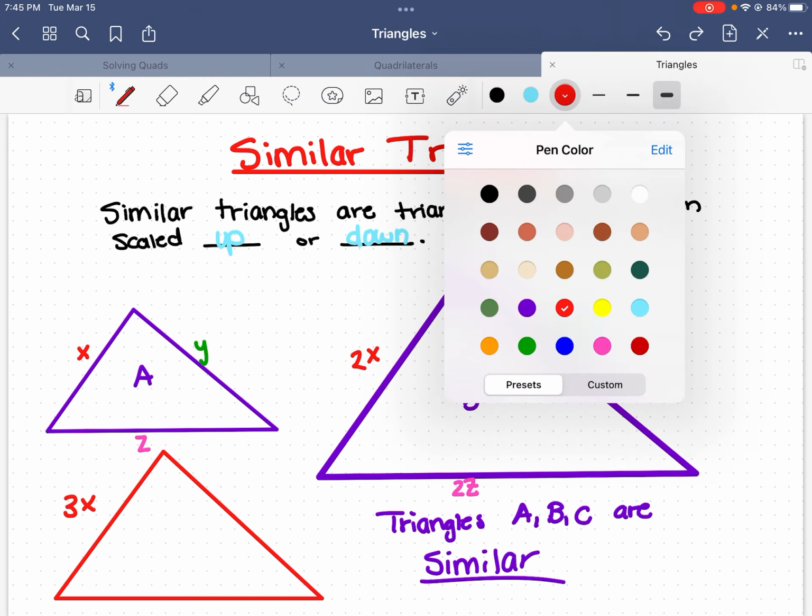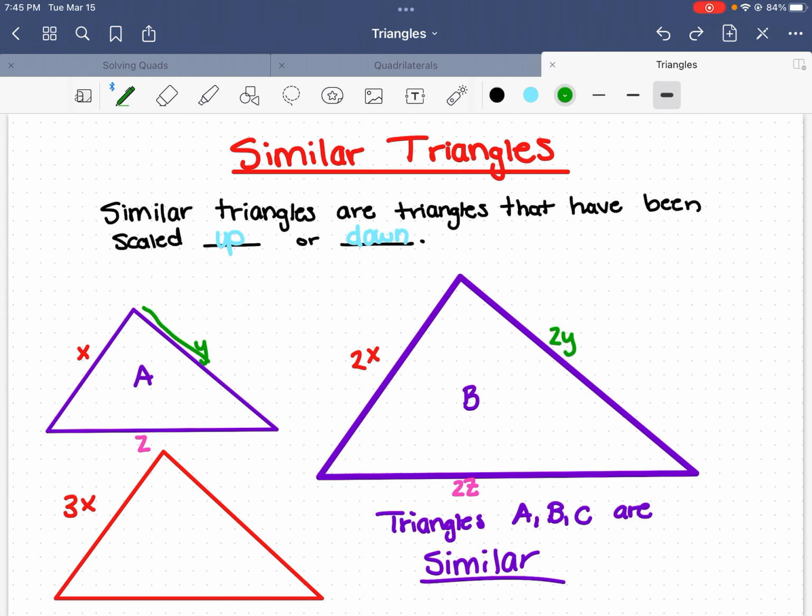Now let's pretend that I check my Y side. But when I check this side of my triangle, I get that it's only doubled. Then these two triangles would no longer be similar, because for them to be similar, they have to be scaled up at the same rate. If X is scaling up by 3, then Y should also be scaling up by 3. But instead I have 2, so they are no longer similar.